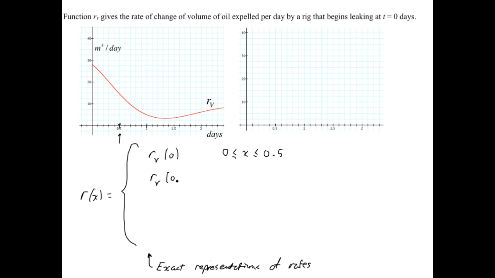I want whatever rate that is right there, that's R sub v of 0.5. Now, this is going to seem a little weird, but we want that from 0.5, strictly less than x, all the way up to 1, and we'll learn why next week, okay? So we're actually going to pick off this rate at 0.5, but in this new rate function, we're not going to use it at 0.5, just starting right after 0.5.